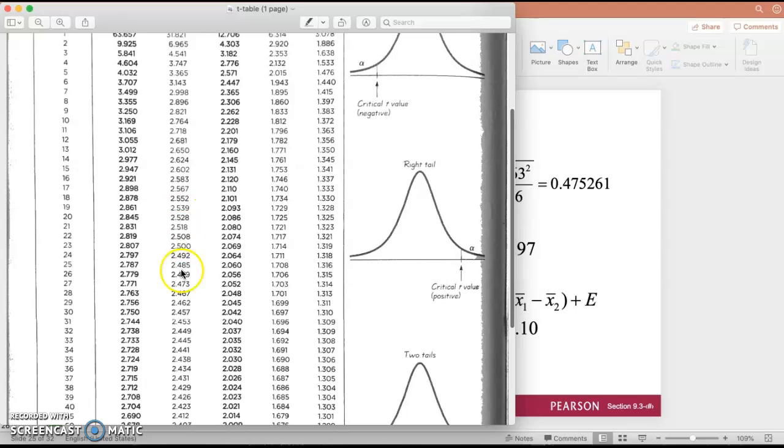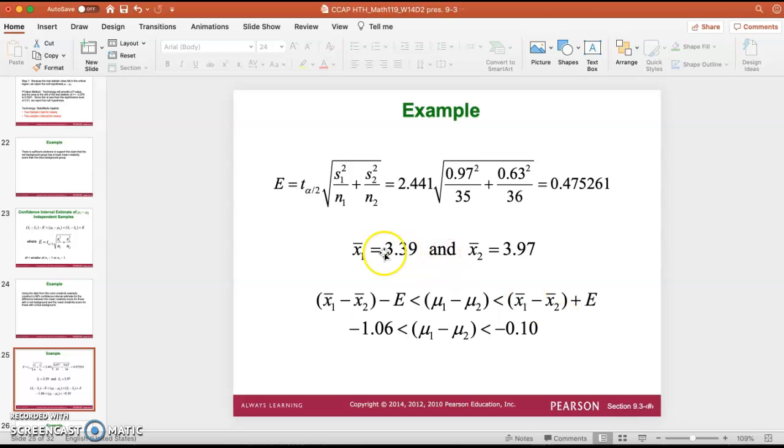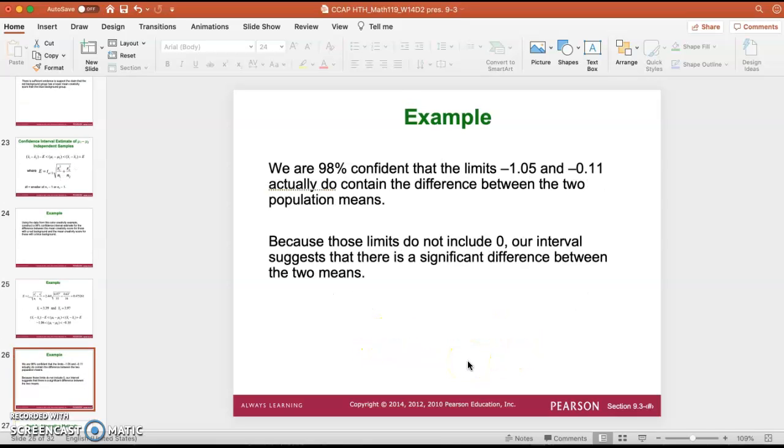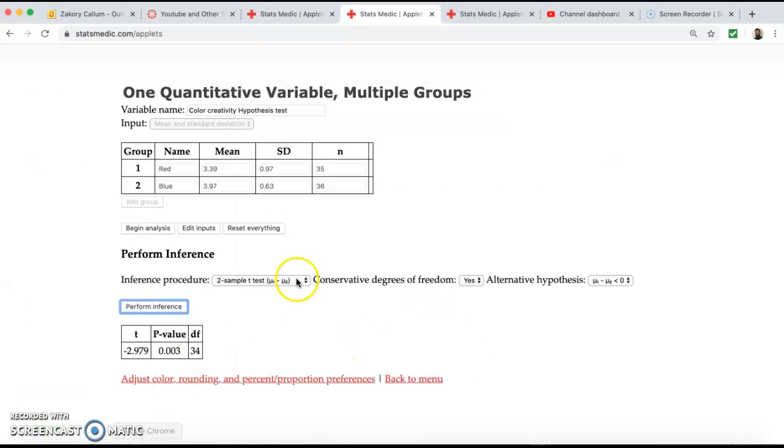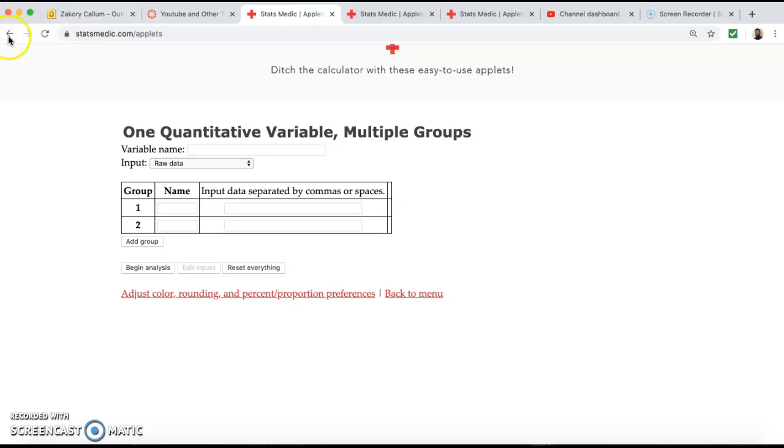When I look at the same 34, I'm using the same critical value for this problem. Plugging all of that in, we get that the differences would be between negative 1.06 and negative 0.10, roughly. You can do that also with technology.